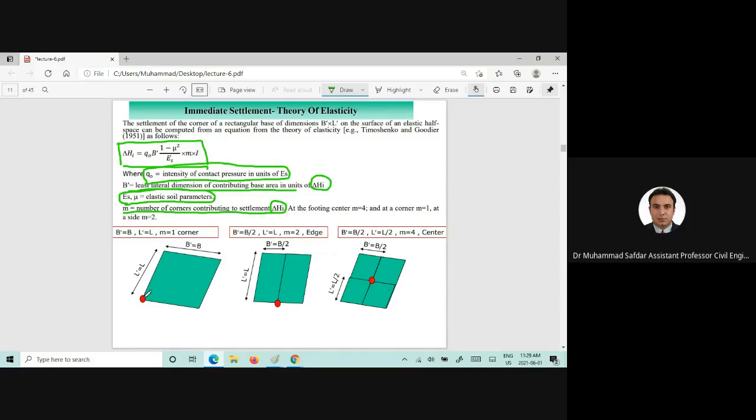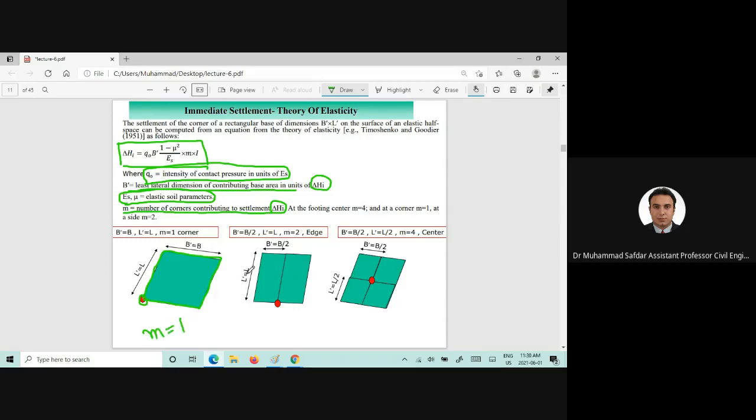For example, if it is asked in a question that this is the foundation and you need to find the settlement beneath this corner, in that case L prime would be equal to L and B prime would be equal to B. So M would be equal to 1 in this case.